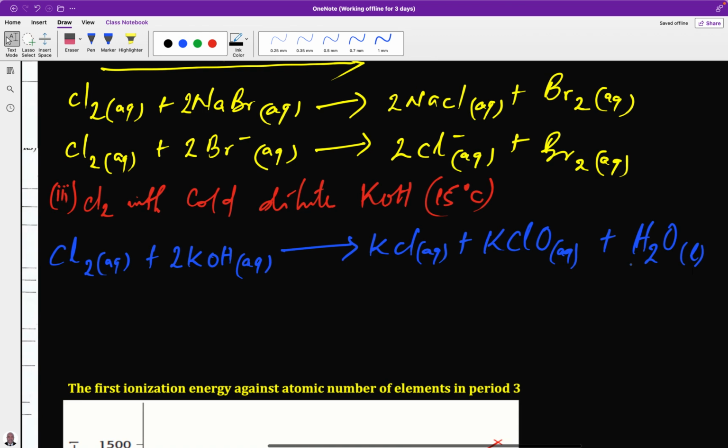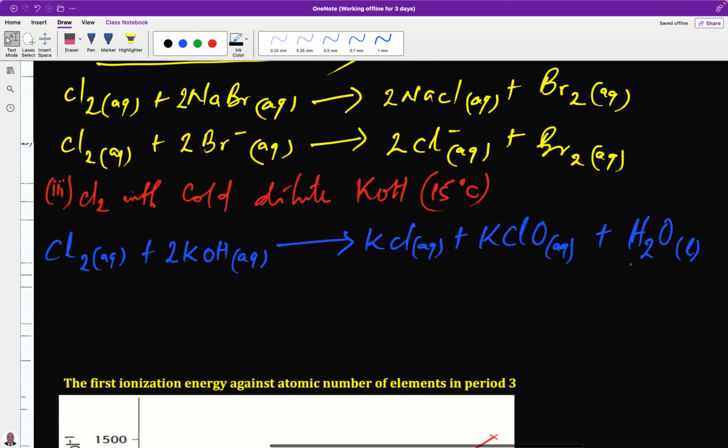So this is what is being produced with cold dilute potassium hydroxide at 15 degrees Celsius. Chlorine will react with 2 moles of potassium hydroxide to produce salt, and hypochlorite, that is KClO aqueous is formed, and a molecule of water.